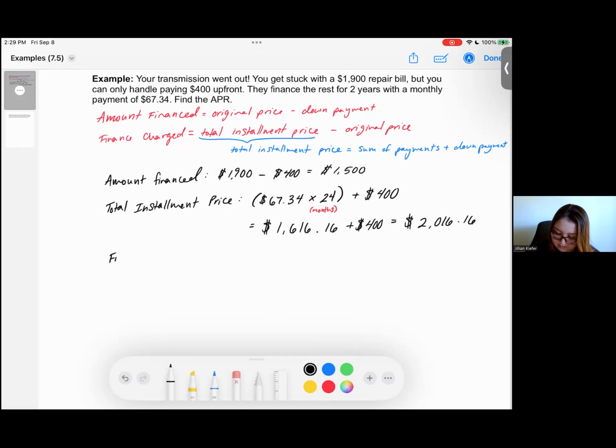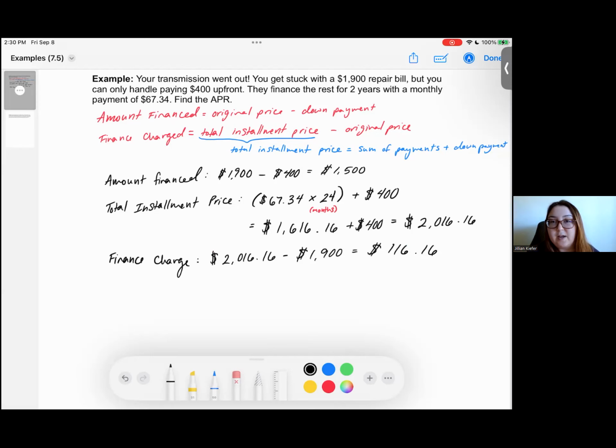So our finance charge, we have $2,016.16 minus the original, which was $1,900. So we find this value. This comes out to be $116.16. So there we go. We have our finance charge and we found out our amount financed.